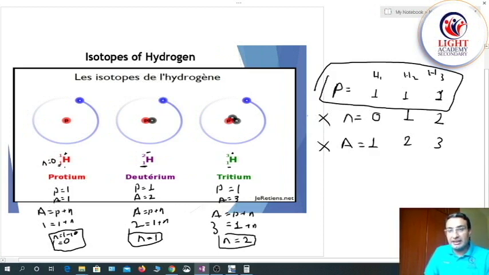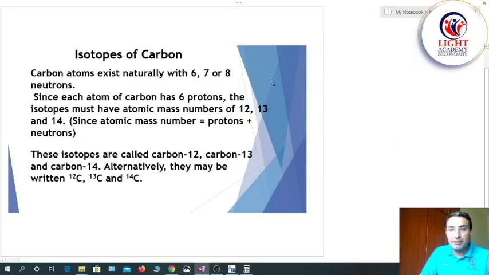Okay, these are the examples. Another example we have is carbon. Carbon in the atmosphere may exist in different forms having different masses: carbon with 12 atomic mass, carbon with 13 atomic mass, and carbon with 14 atomic mass. That is important. The proton number of carbon is 6, 6 and 6.